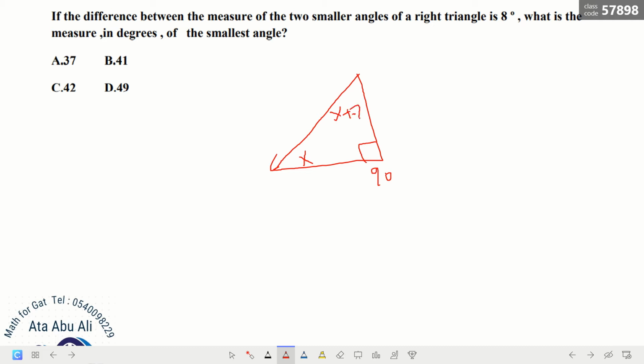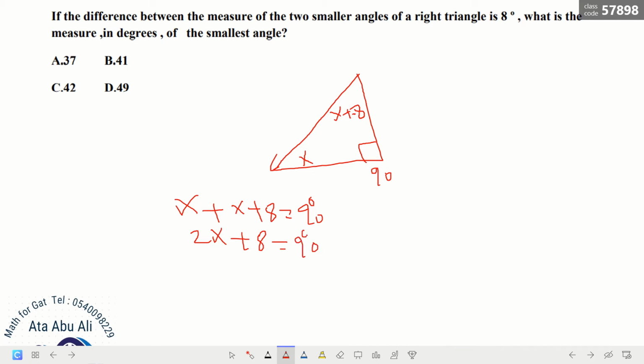Now, we can know that x plus x plus 8 has to be 90 degrees. So here, x plus x plus 8 is 2x plus 8, it's equal to 90.